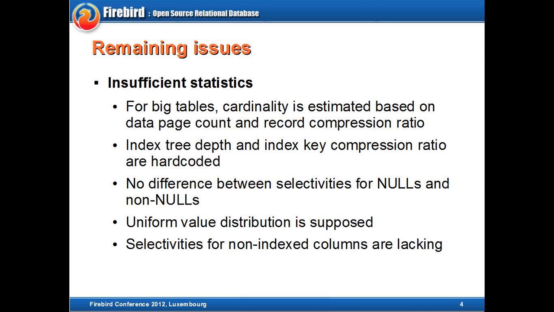And one more thing we are lacking is selectivities for non-indexed columns. Currently, the optimizer just does not use any. We have statistics only in the indices; they do not exist besides the indices. So if you have, for example, an index-based retrieval, when one field is going to be matched against the index and another is not indexed, you don't know.